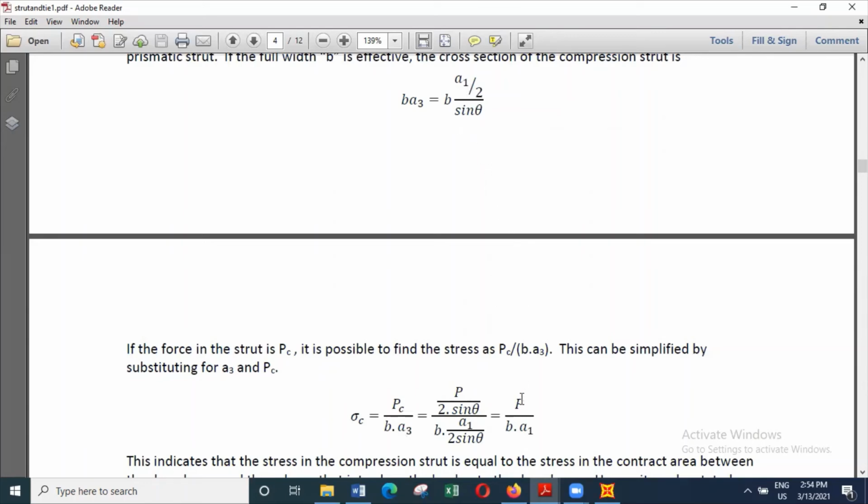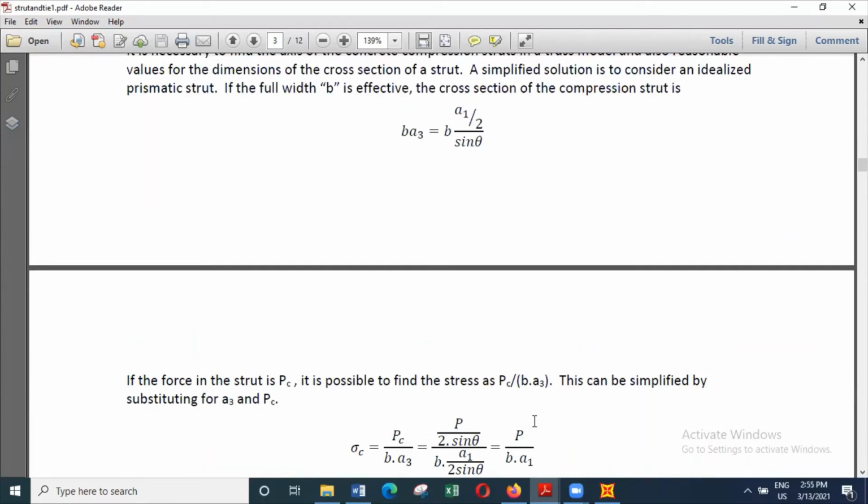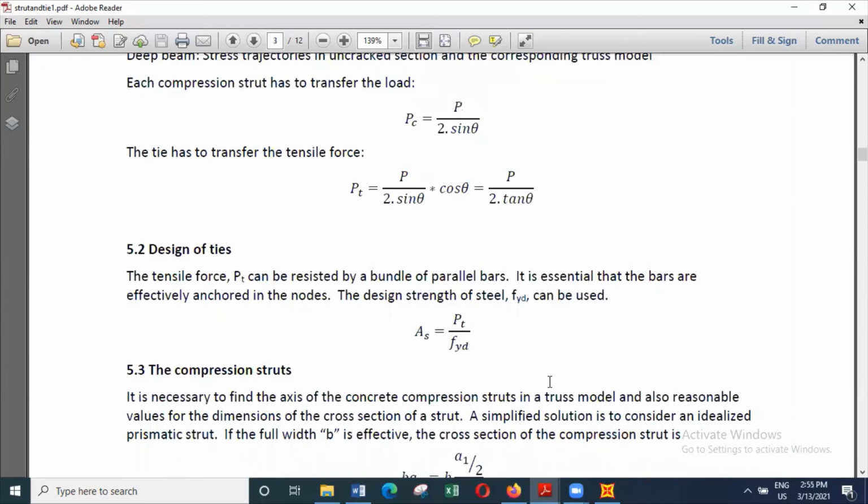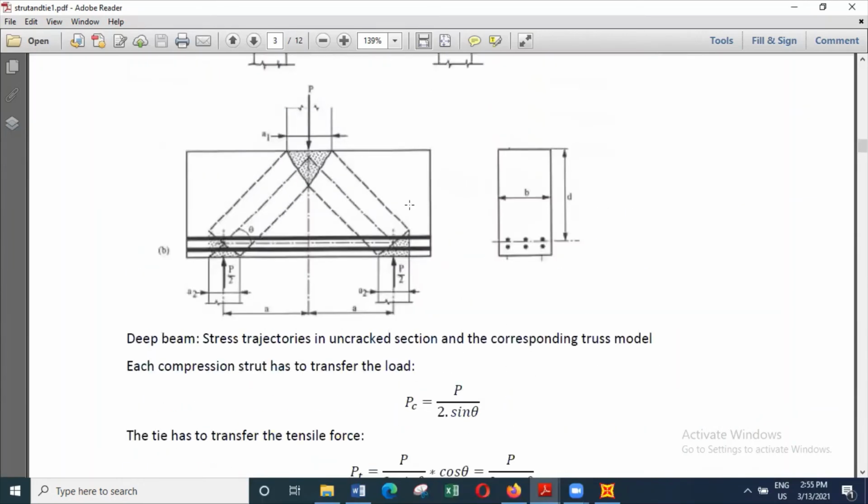Then you will find that the stress in the strut is given by P over B times A1, and here you can see the stress in the strut is also equal to the stress under the contact location.